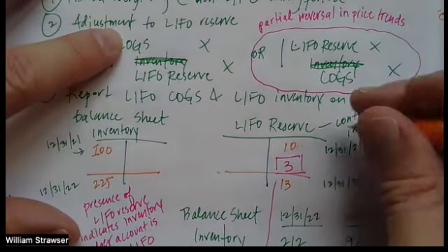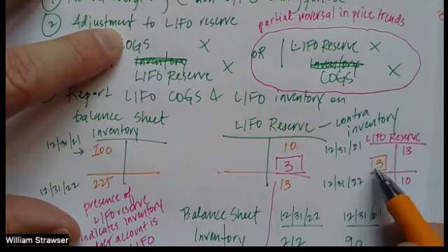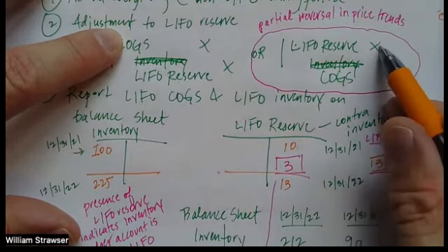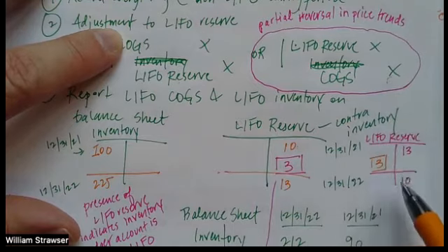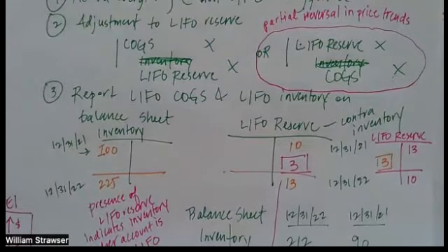Well, in that case, I would need a debit to the LIFO reserve of $3 and a credit to cost of goods sold of $3, because there was this reversal in the trend of my inventory costs.